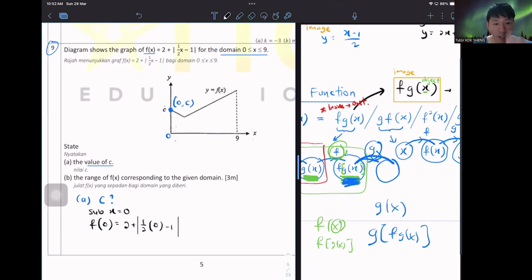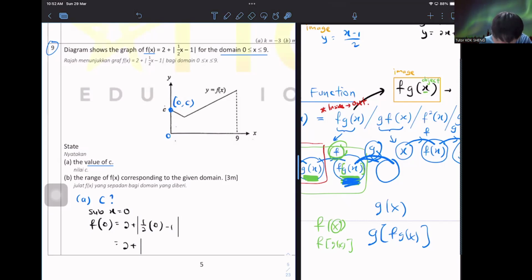You can just press the calculator. I press one by one: 1 over 2 times 0 minus 1, the things inside first.